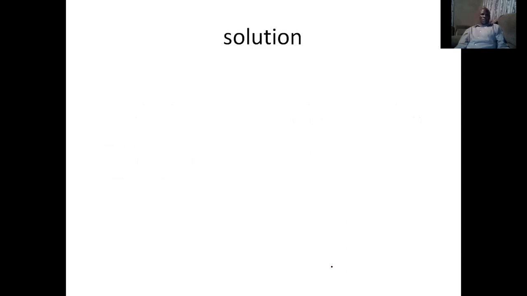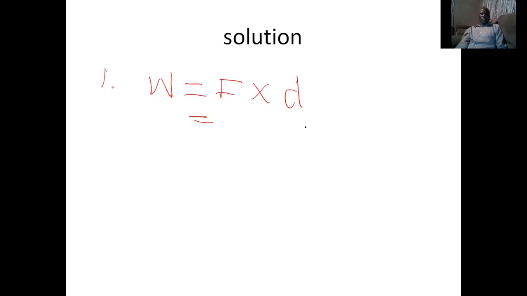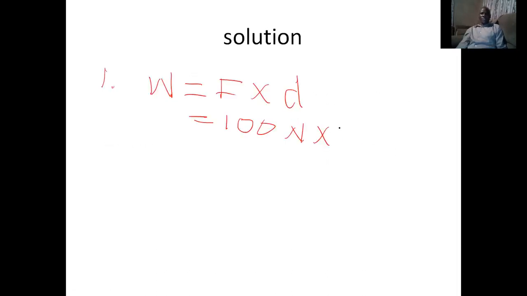And so for the first part of the question, we are asked to find work, and we know that work is equal to force multiplied by distance. The force is 100 newtons multiplied by the distance, which is 10 meters.